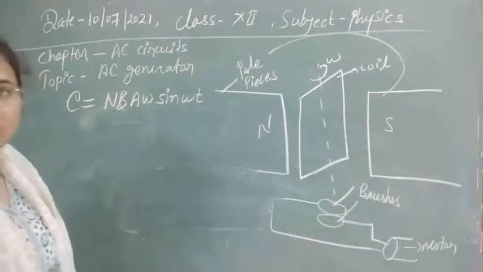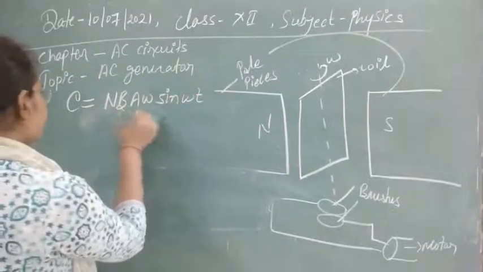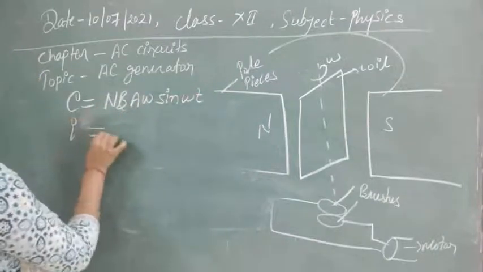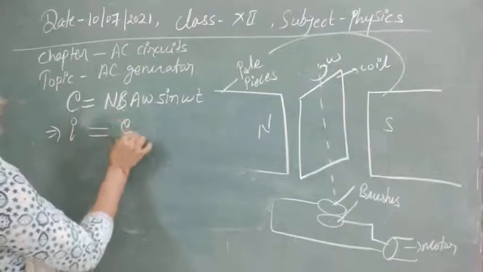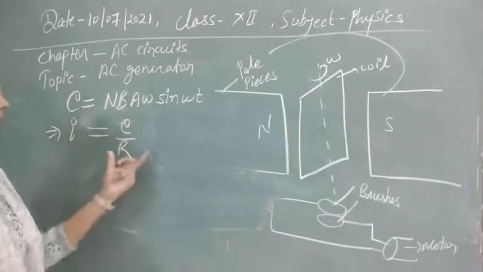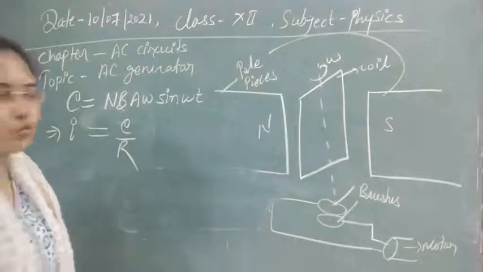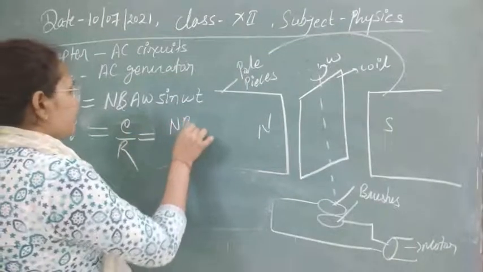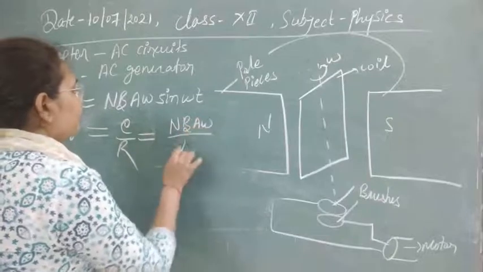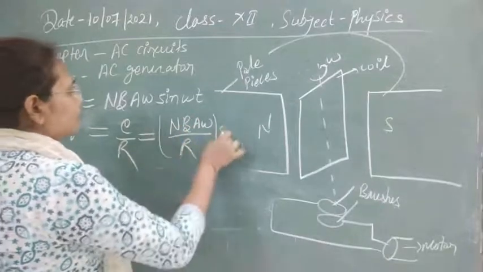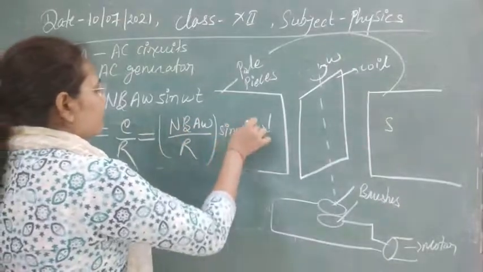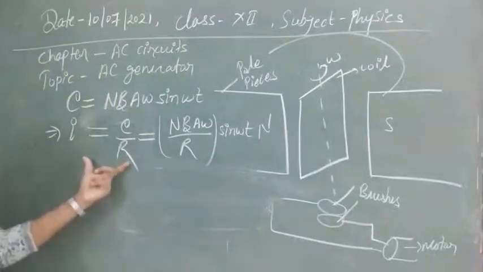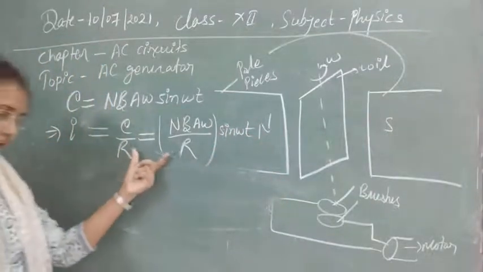Now we can obtain the value of current from this equation using I equal to E by R. If R is the resistance of this coil, then we can write this as NBA omega upon R times sine omega t. So this is the expression for the current that we got from here.